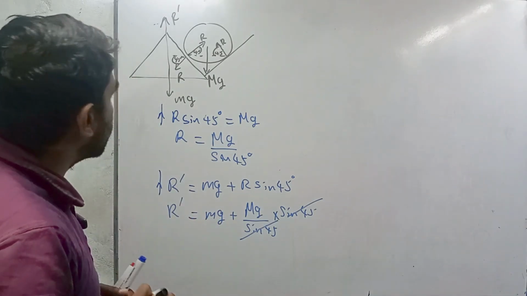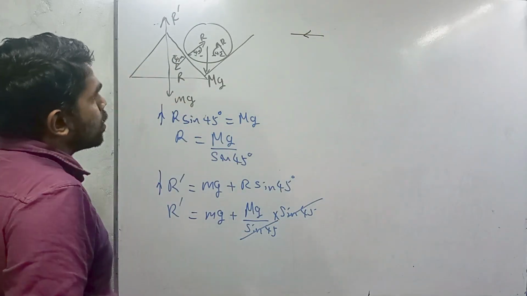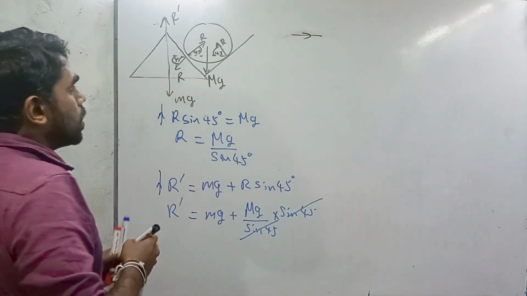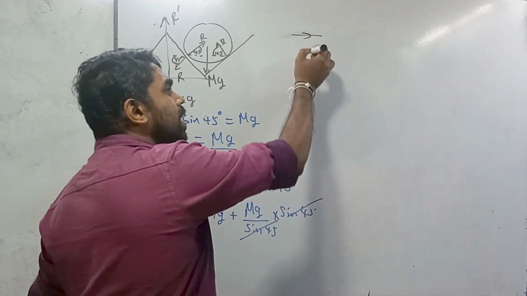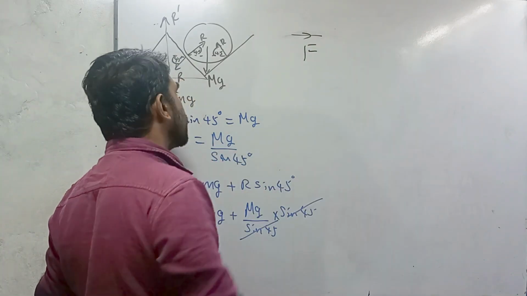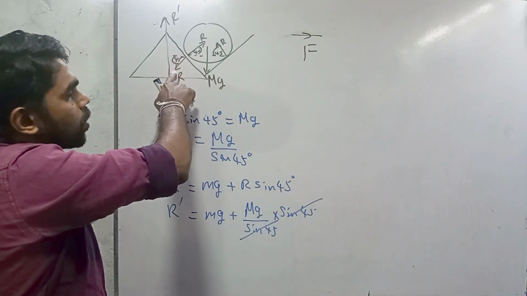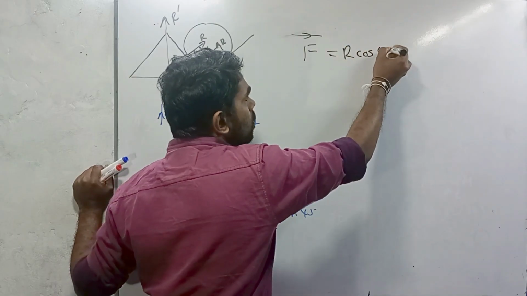Then I will consider horizontal equilibrium of wedge. Force in this direction. Now I will consider force in this direction. This wedge is trying to move in left hand direction, therefore friction is opposite this direction. It should be equal to horizontal component of this R. It means R cos 45.